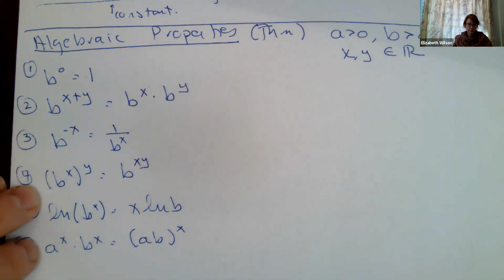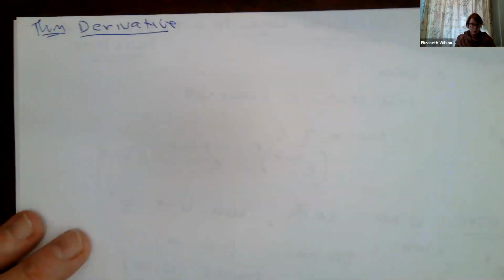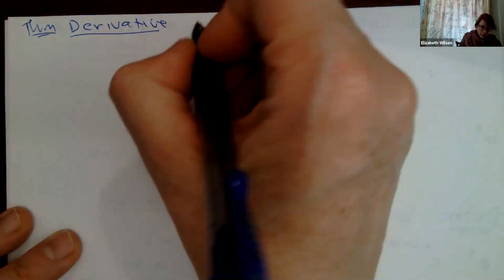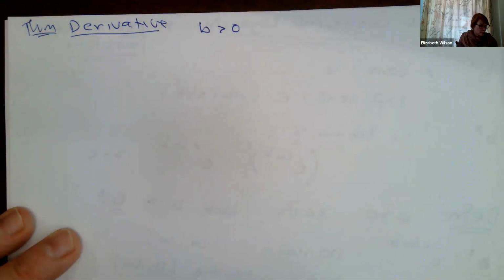Okay. Let's talk about our derivative. So if we talk about our derivative with our exponential functions, again, I want to specify that b is greater than 0.